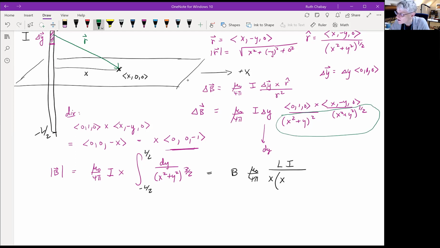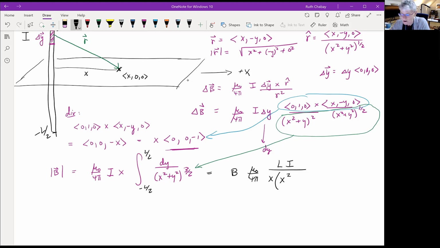So this combines to give us the 3/2. And this cross product, which we worked out, combined to give us that. We pull the x out because x is a constant and y is our integration variable, and we end up with this. So that's where it came from. But thank you for asking.